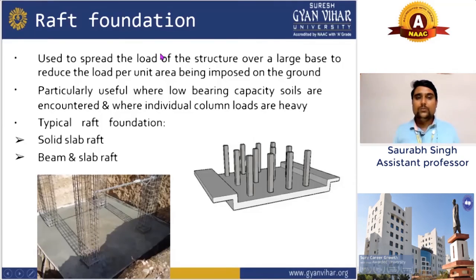As we all know, P equals load upon area, so pressure and area are inversely proportional to each other. If we increase the area, pressure will be reduced. That's why raft foundation works very well for a high-rise building and for a load bearing structure also.